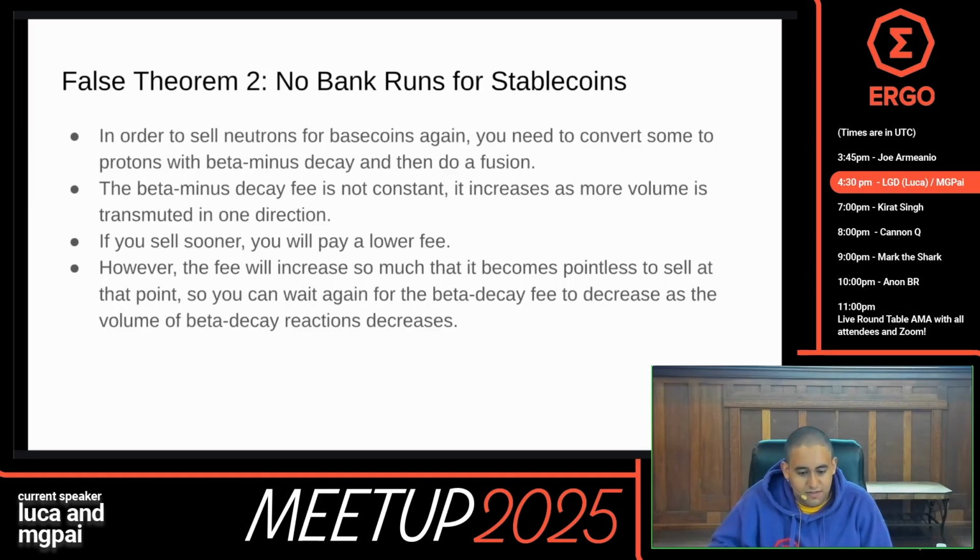So they're incentivized to sell as early as possible. However, because this fee increases so much, at a certain point the fee is so high that it's pointless to sell. So you can wait that amount T, which is a protocol property, and then wait for the fee to go down again, and then you could sell at that point.